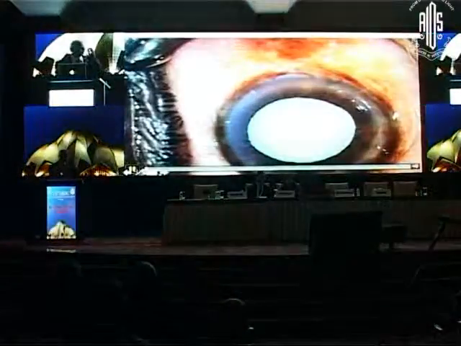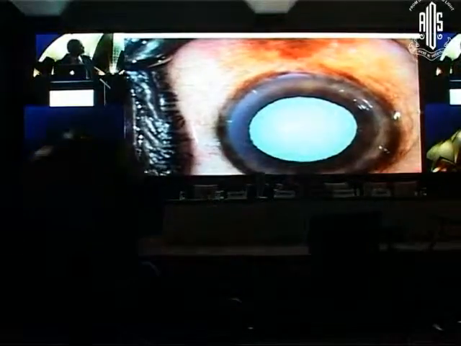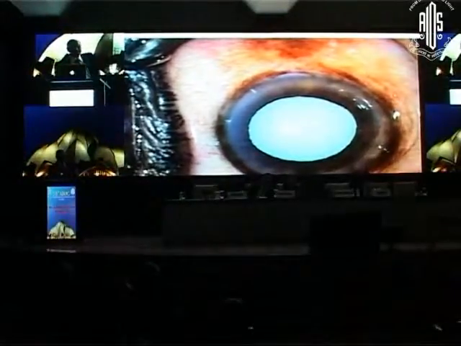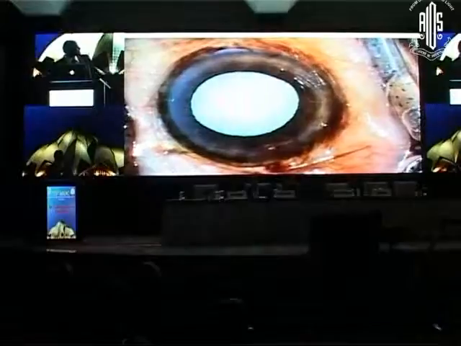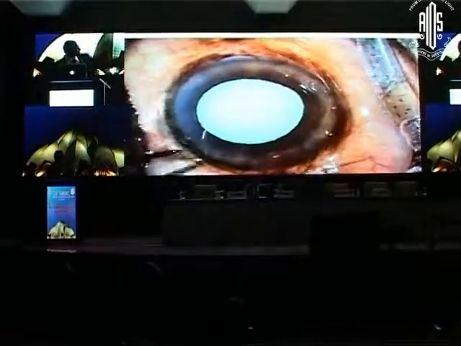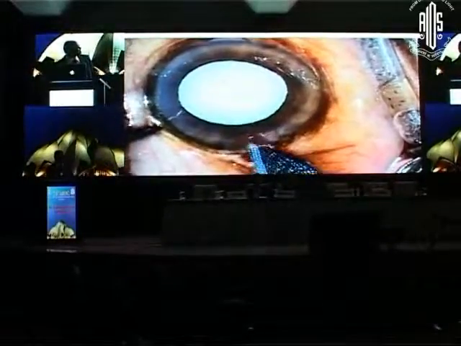See now, this is the Morgagnian cataract, and you can see the anterior chamber is shallow. You can see the iris is near the cornea.